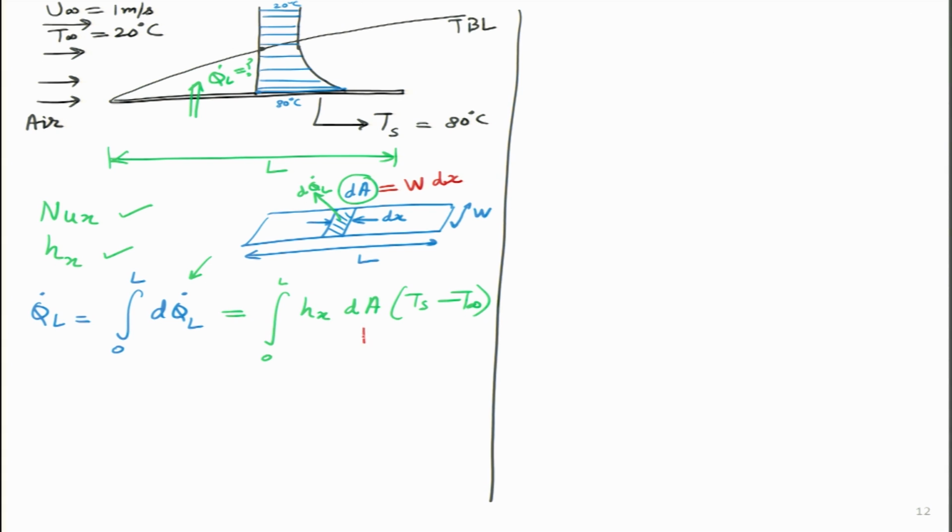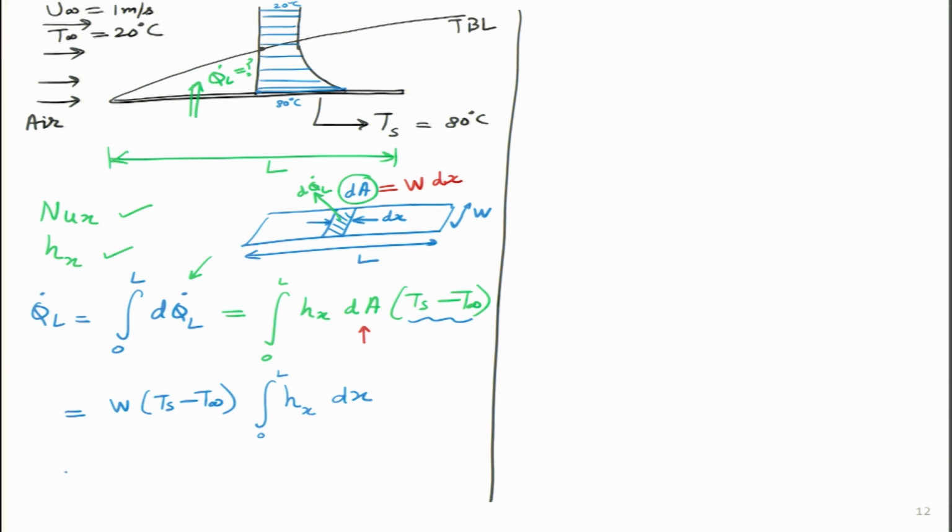So, I can substitute that over here. The constants I will take outside: width is a constant and Ts minus T infinity is also a constant. All I am left with is h x dx, which I want to integrate from 0 to L.